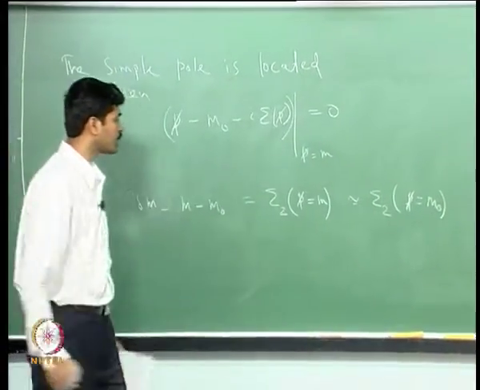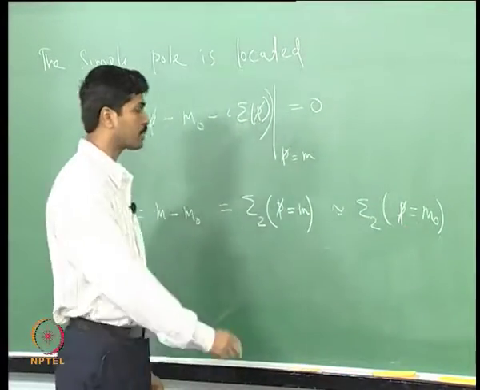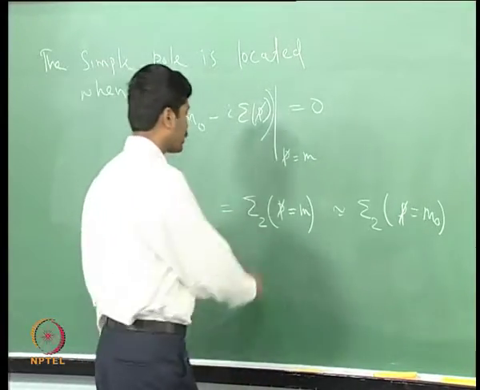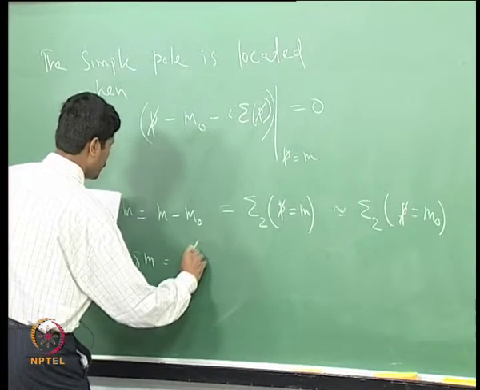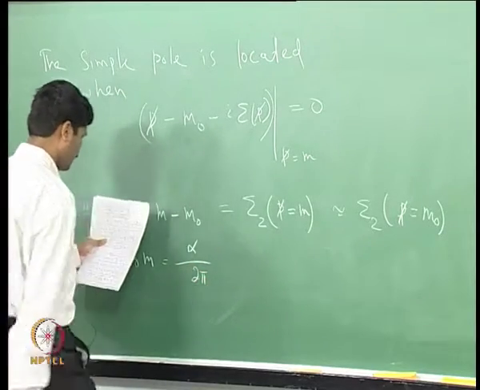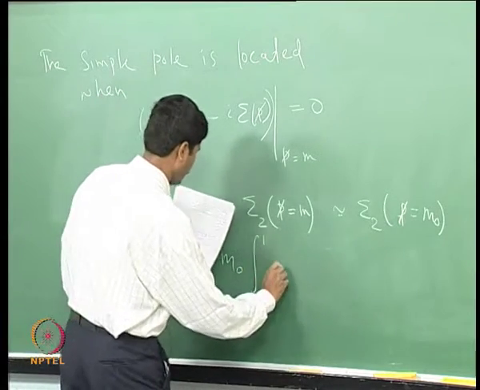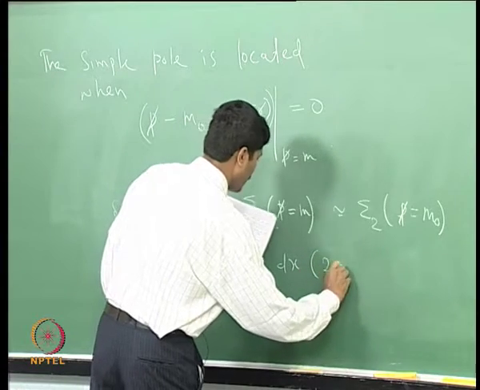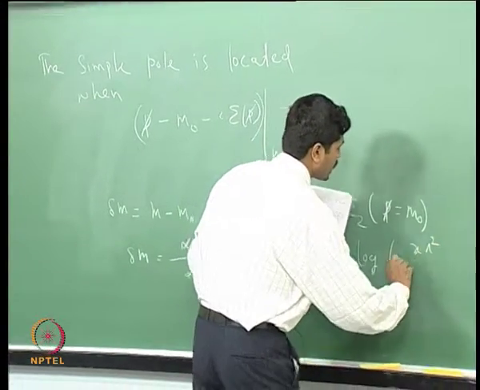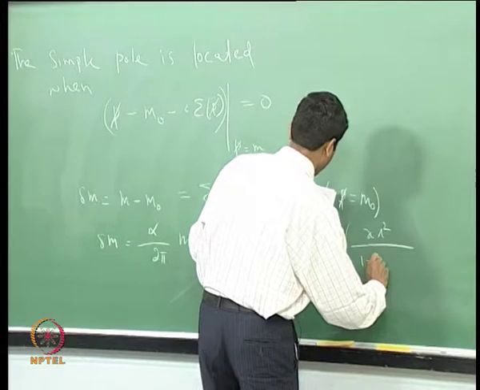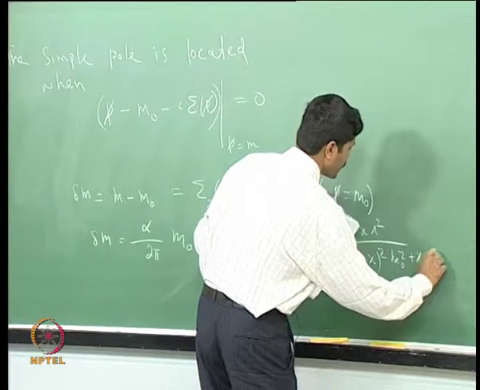So we have already evaluated sigma 2, and if we simply substitute p slash equal to m 0, or p square equal to m 0 square, then what we will get is basically given by delta m equal to alpha divided by 2 pi m 0, integration from 0 to 1 dx (2 minus x) log of x lambda square divided by (1 minus x) whole square m 0 square plus x mu square.